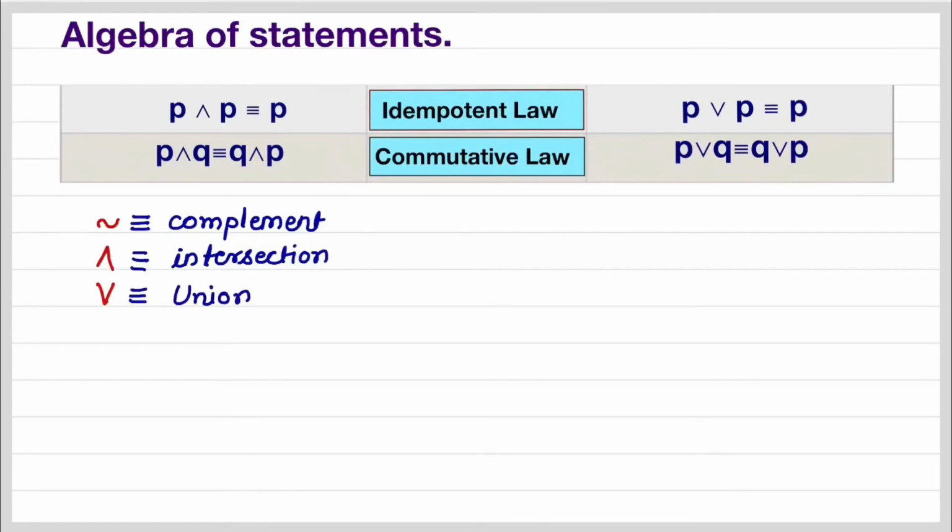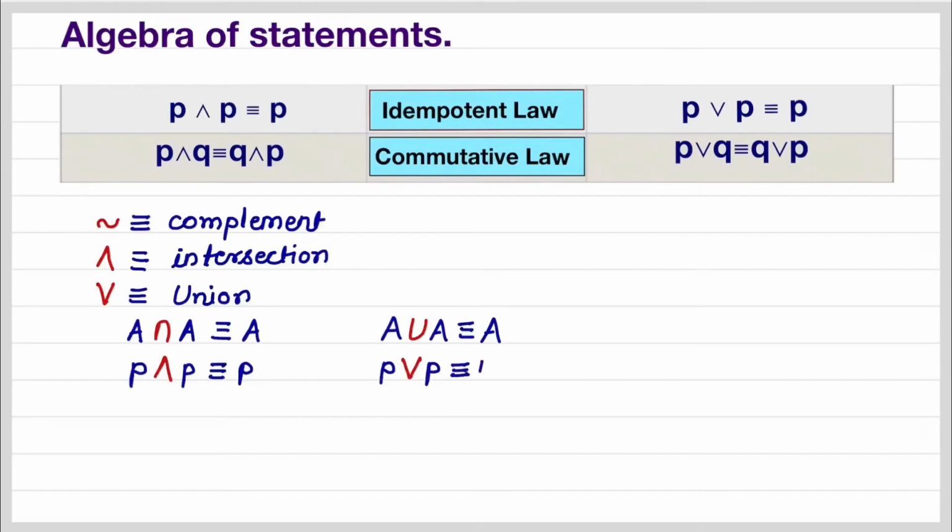This law says that P conjunction P, that is P and P, is equivalent to P. In set theory we know A intersection A is equivalent to A. In the same way A union A is also equivalent to A. When we replace intersection by conjunction we get the same law: P and P is equivalent to P, and when we replace union by disjunction we get P or P is equivalent to P. You can verify this with a truth table.